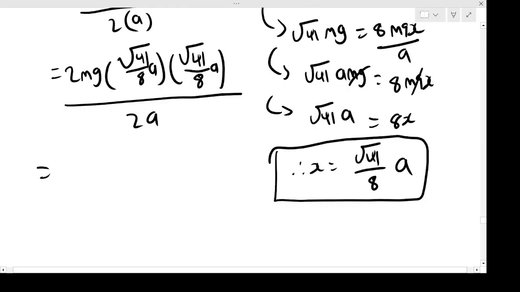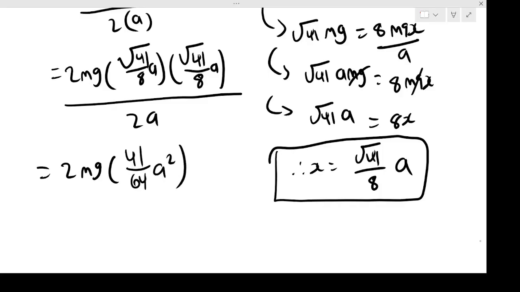If I expand the top brackets, that's going to be 2 mg, and root 41 over 8 times another root 41 over 8 is 41 over 64. And A times A is A squared.